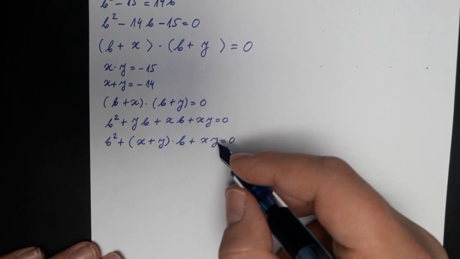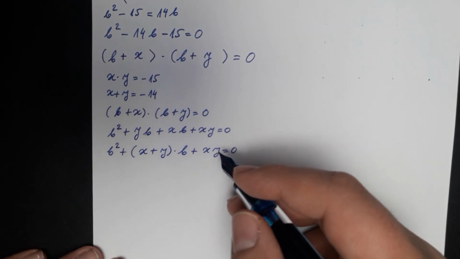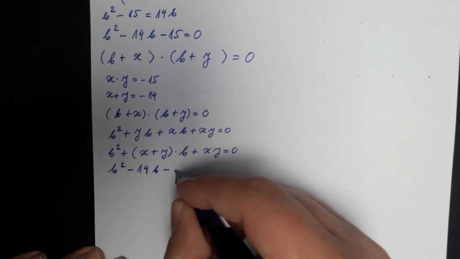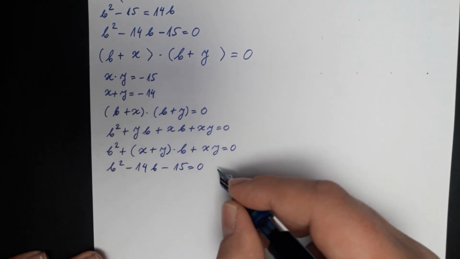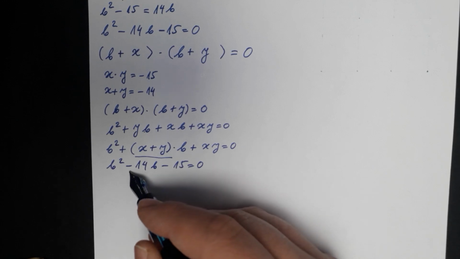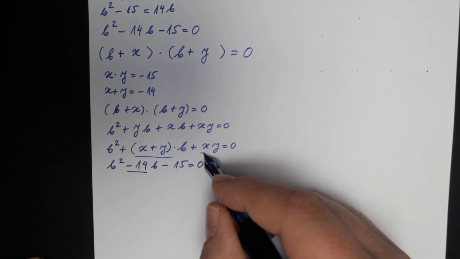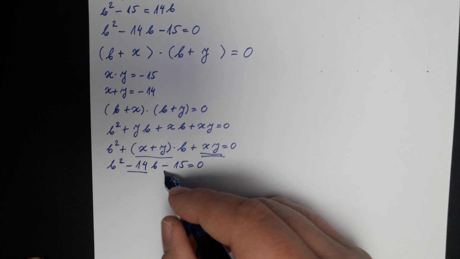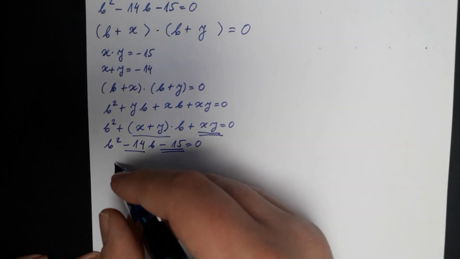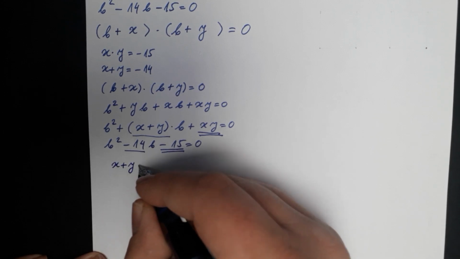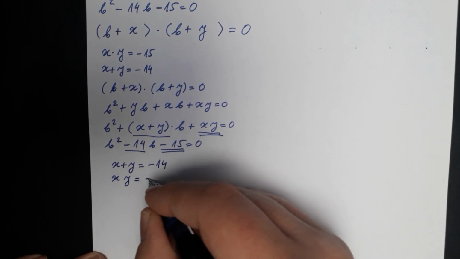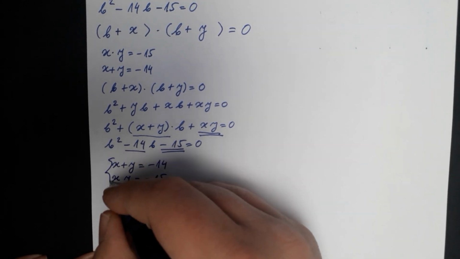Now, to remember the quadratic equation which we are trying to solve, b squared minus 14b minus 15 is equal to 0. As you can see, the part x plus y corresponds to negative 14, and the part x multiplied by y corresponds to negative 15. And that is where we get the equations x plus y is equal to negative 14, and x multiplied by y is equal to negative 15.